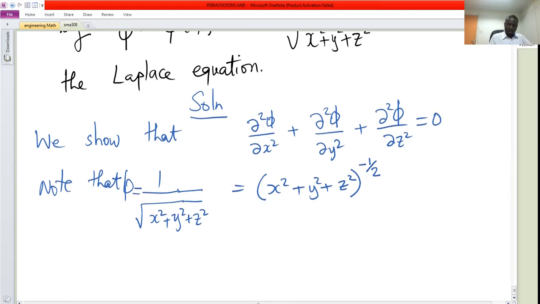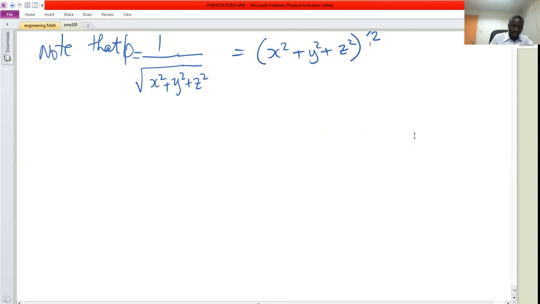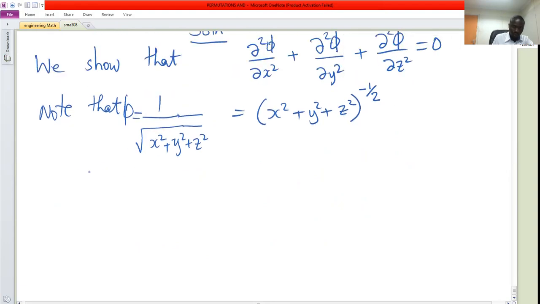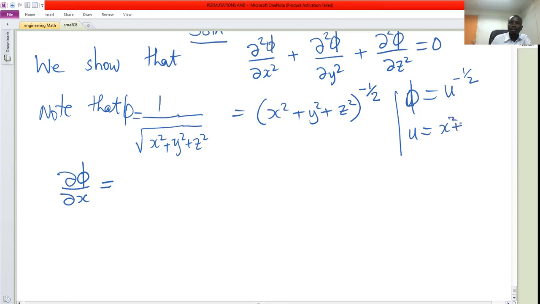When it's in this form, it will be easier to work out the derivatives. Partial phi partial x. Now I use chain rule, whereby you set all this to be u, so that phi equals u raised power negative a half, and u is x squared plus y squared plus z squared.